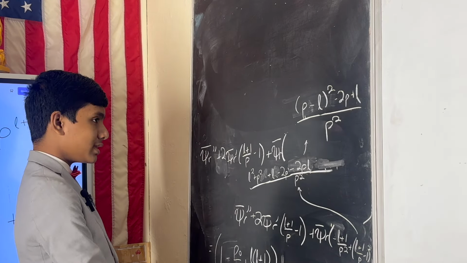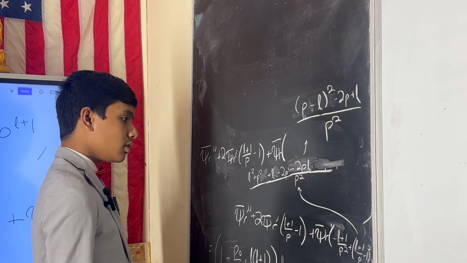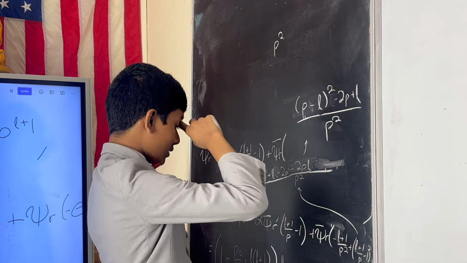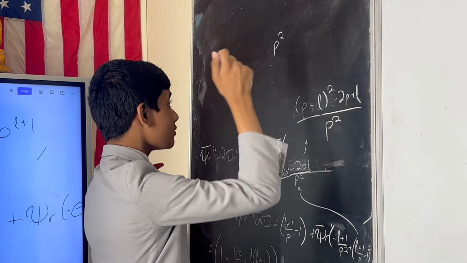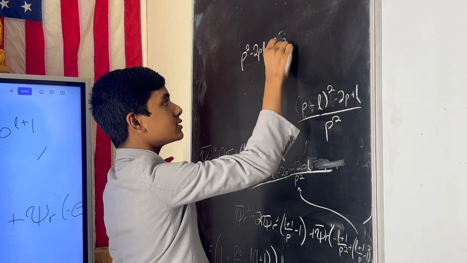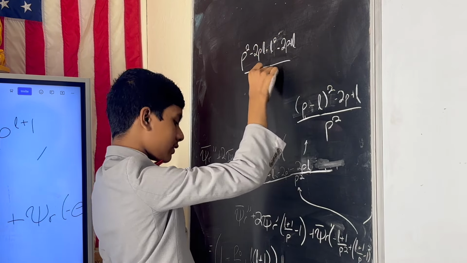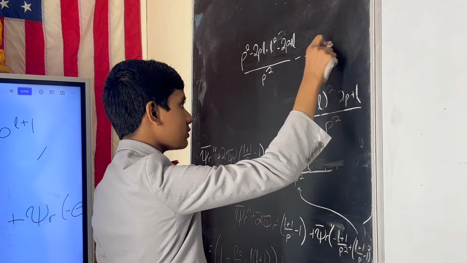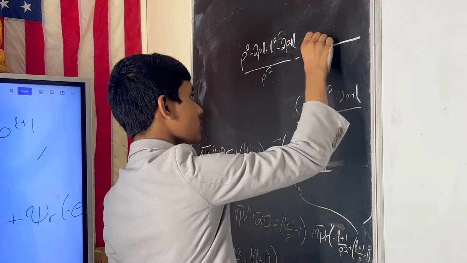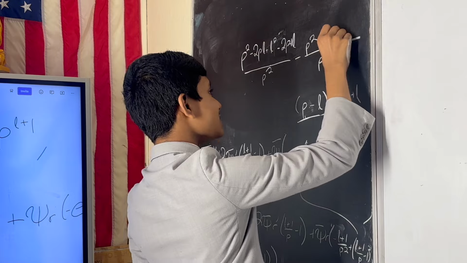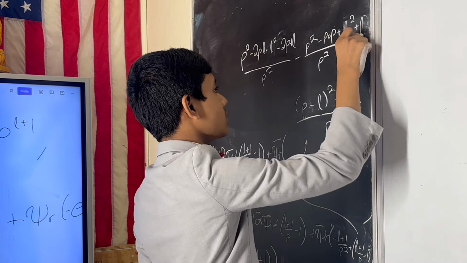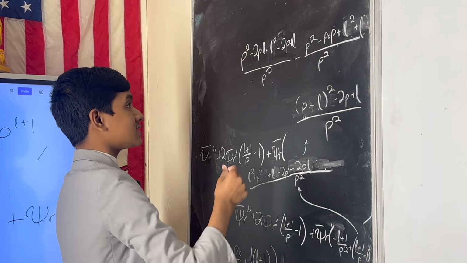Now, we have to suddenly deal with that colliding with this. So, to say the least, things are going to get messy. We get rho squared minus 2 rho L plus L squared minus 2 rho plus L over rho squared, minus this guy coming in from the left, which is going to be over rho squared, minus rho naught rho plus L times L plus 1, or plus L squared plus L, which means that a lot of things are actually going to be a pleasant surprise and cancel out.